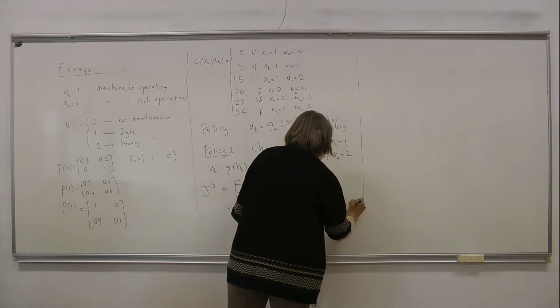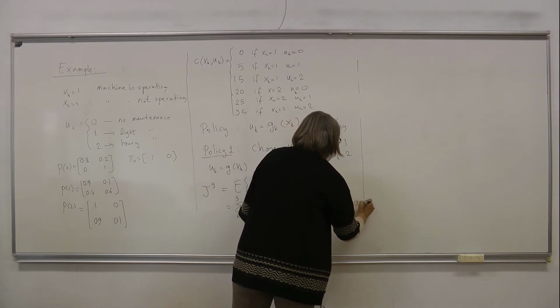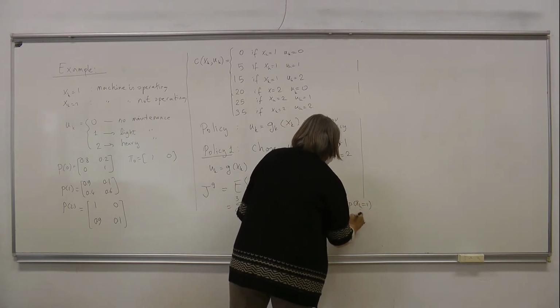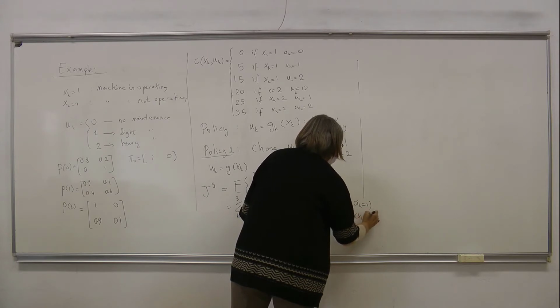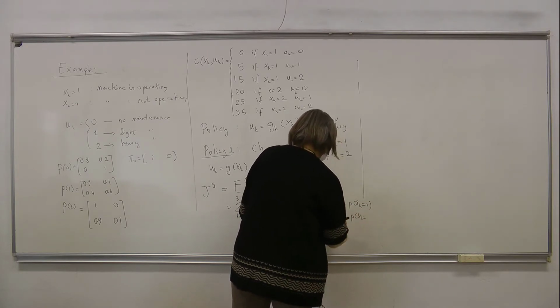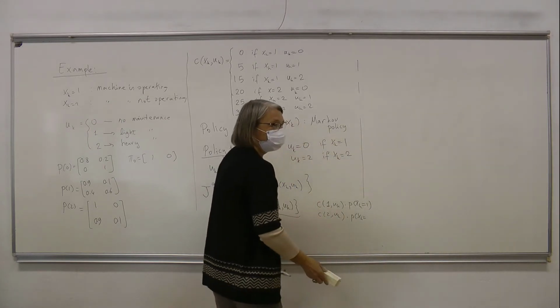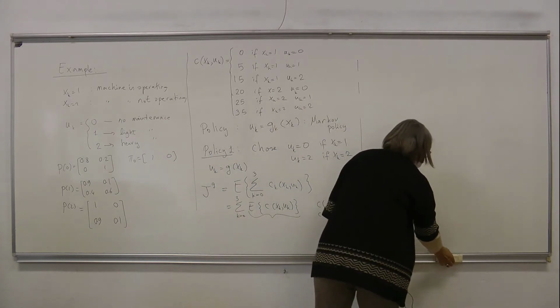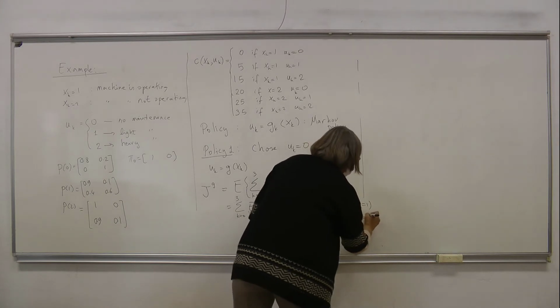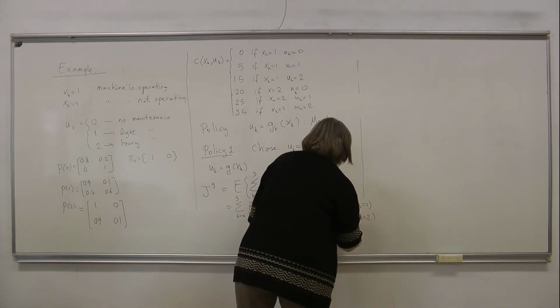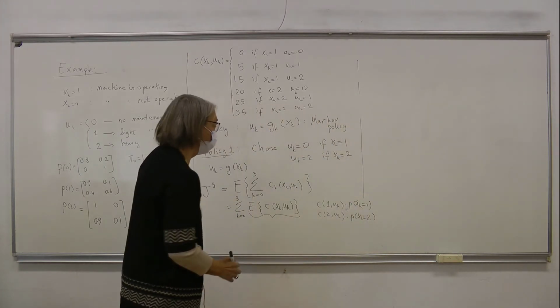Multiply this one with the probability that xk is equal to 1. Multiply it with the probability that xk is equal to 2, and then add them together. Okay, that's what we have to do.